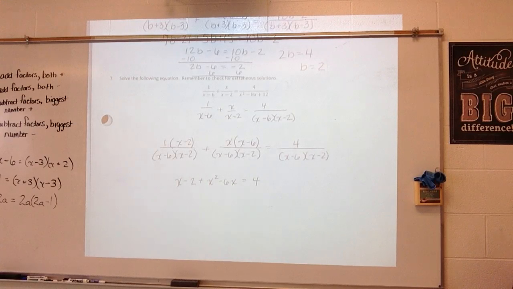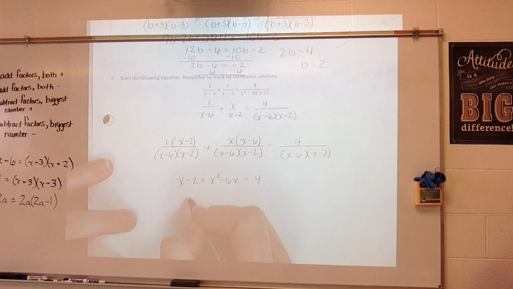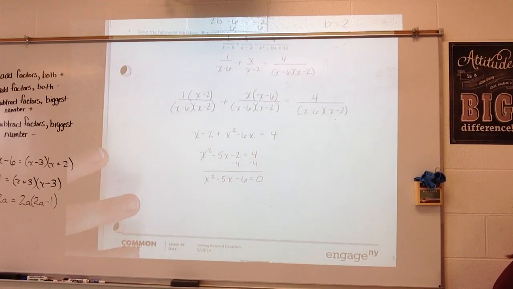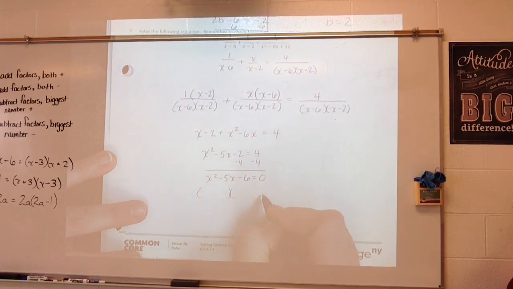Alright. I'm going to bring everything to the left side. So I have x squared, I have minus 5x minus 2 is equal to 4. I'm going to subtract that 4 and set it equal to 0. The reason being is because now I can factor it.